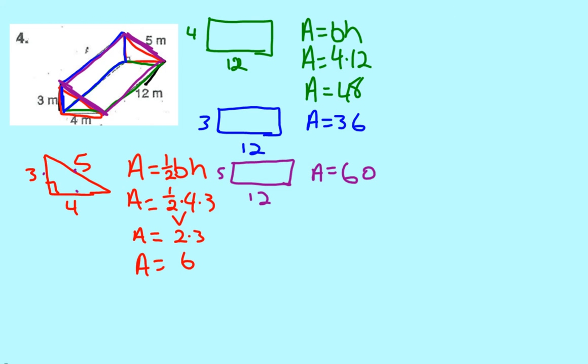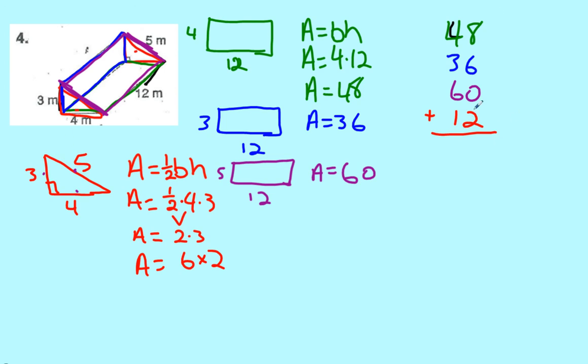Okay, so our very last step is to add up all of our pieces here. So we've got 48 plus 36 plus 60 plus our 2 triangles. So 6 times 2 is 12. So we're going to add 12, because there are 2 bases on every prism.